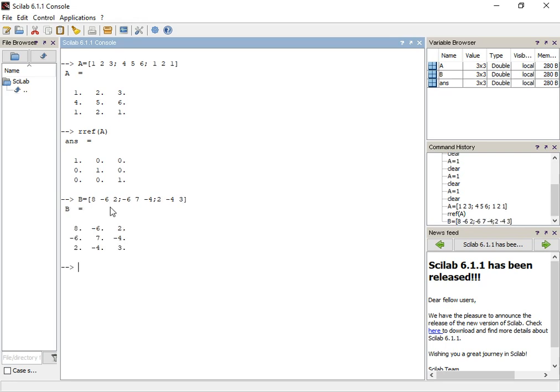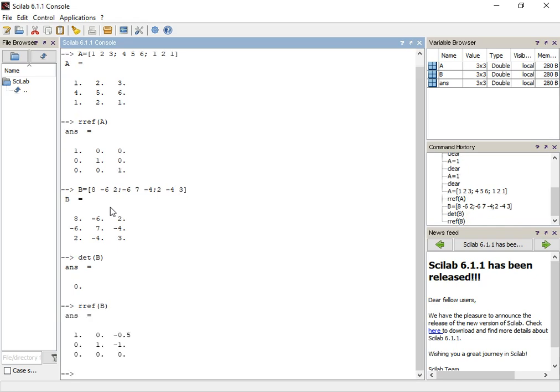You can check whether this matrix is invertible or not in multiple ways. For example, the determinant of B is 0, so it is not invertible. But you can also perform that via the RRE form of B, and at the end you get all entries 0 in the last row, which also says that matrix B is not invertible. So this is another way to find whether a matrix is invertible or not.